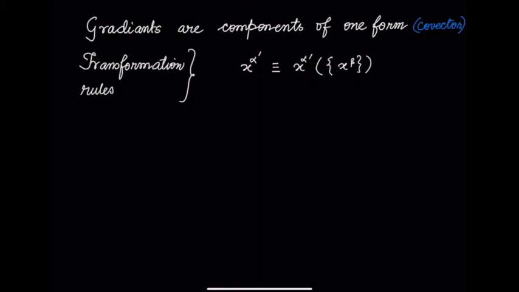So if I want to calculate del phi del x alpha prime, then by chain rule I can write this as del phi del x beta times del x beta del x alpha prime, just by using chain rule.